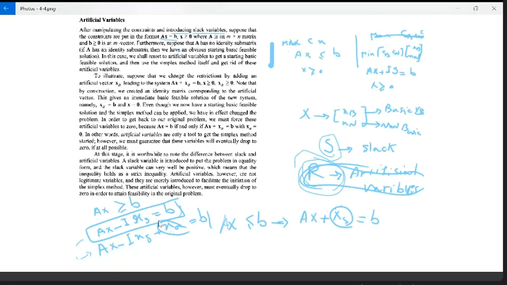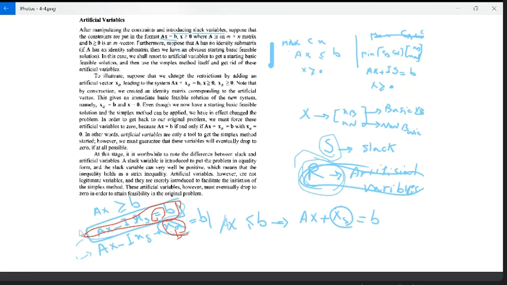This is because the relationship is equal. This relationship is equal. We don't have any x_R in the original.